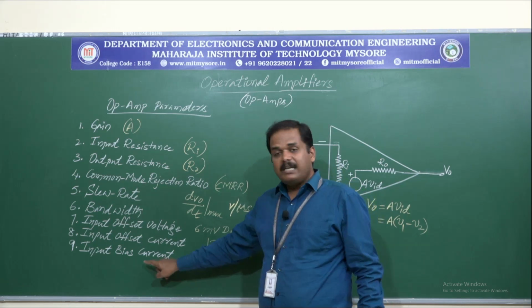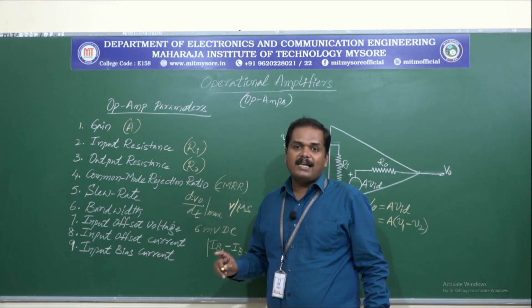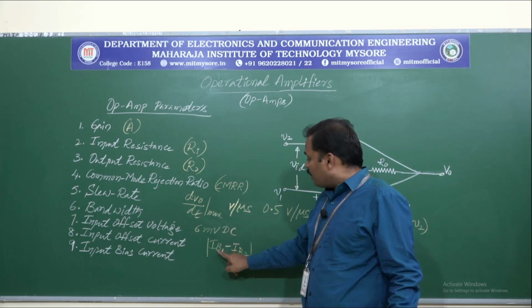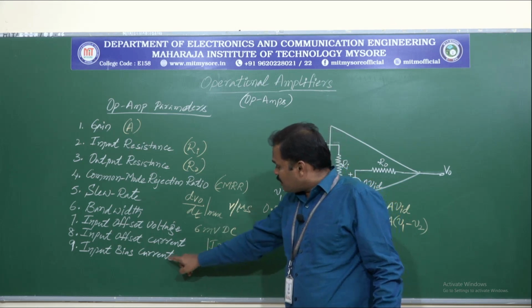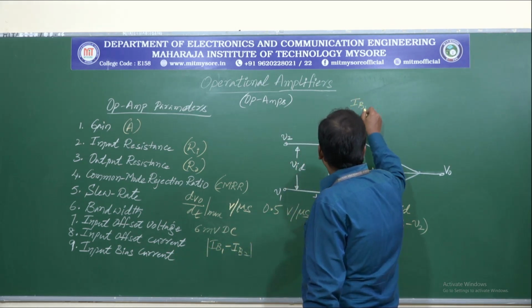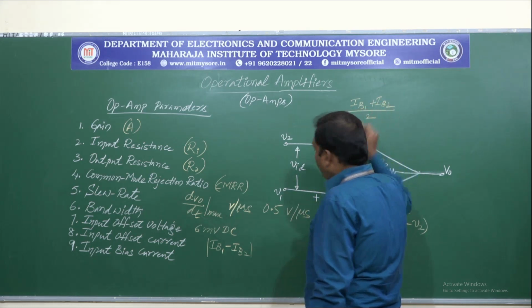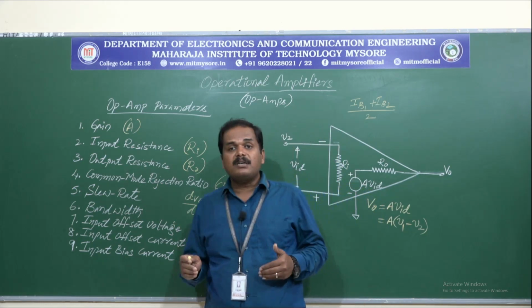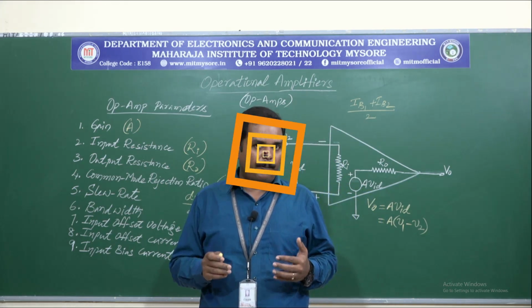And the last parameter is the input bias current, which is defined as the average of these two currents, IB1 and IB2. This is written as IB1 plus IB2 divided by 2. These are the parameters we have associated with any op amp.